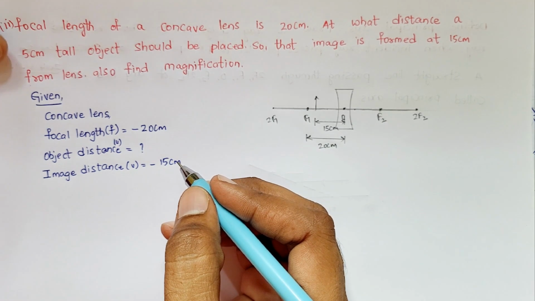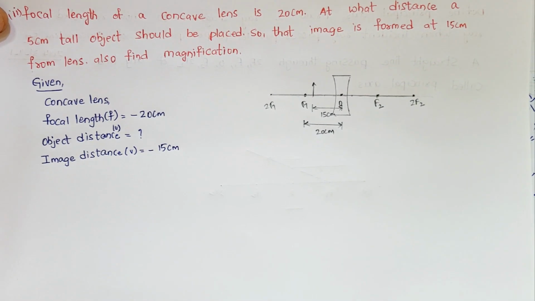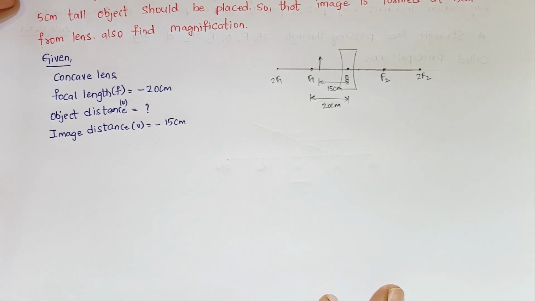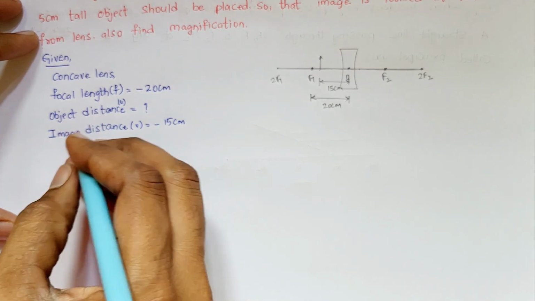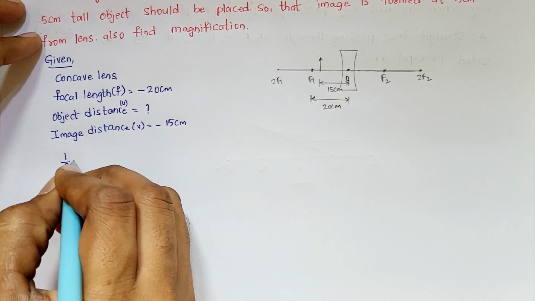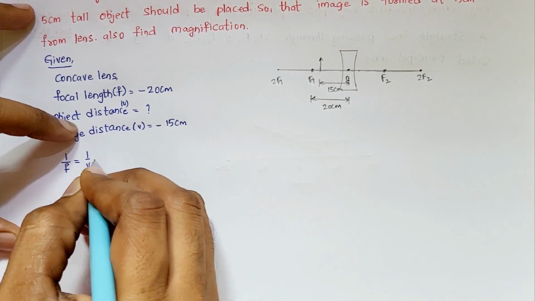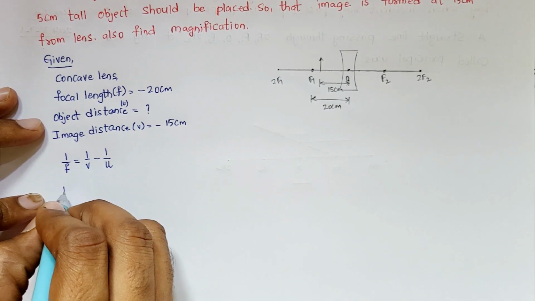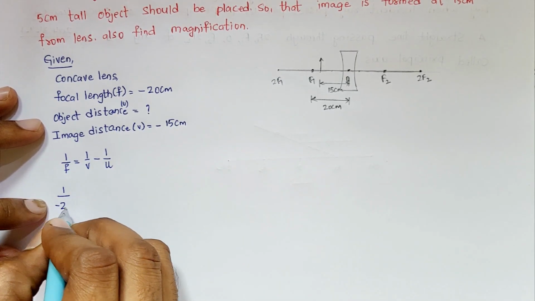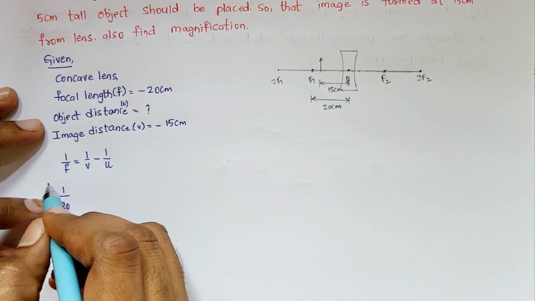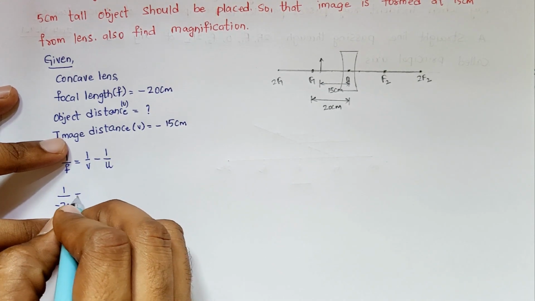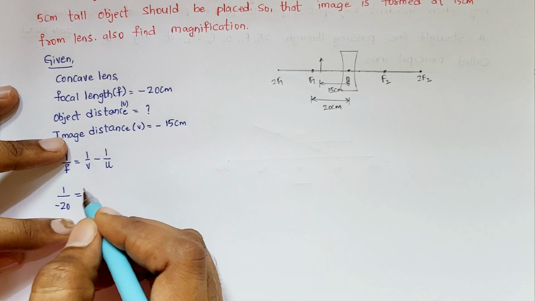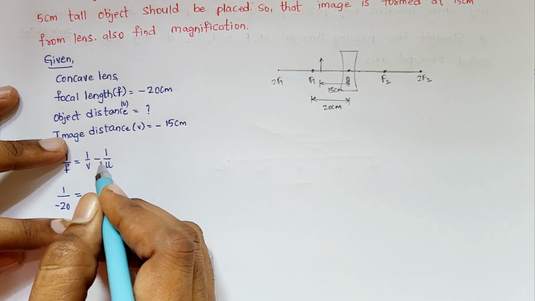So let us find out the object distance by using the lens formula. What is the lens formula? Lens formula will be 1 by f is equal to 1 by v minus 1 by u. Focal length how much they gave? Minus 20. We remember that while substituting the values into the lens formula, we should give them with polarity. The unknown quantity will come out with its polarity.